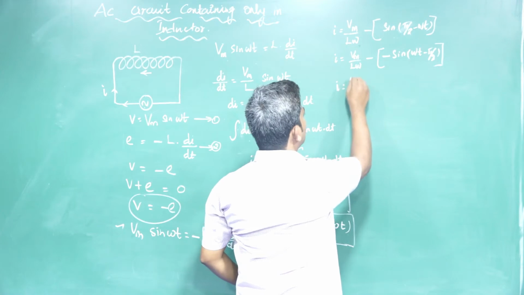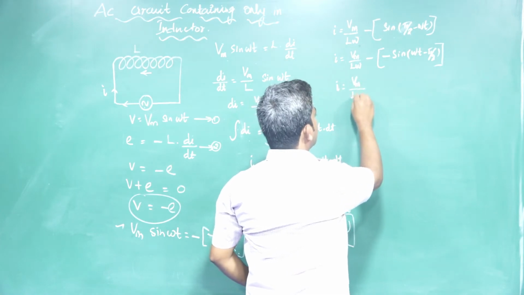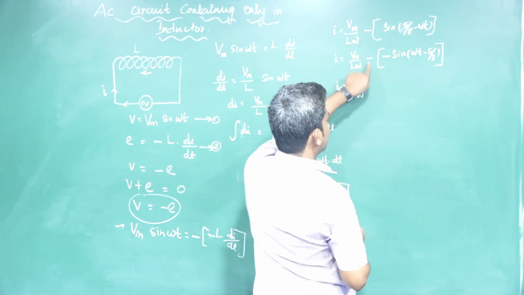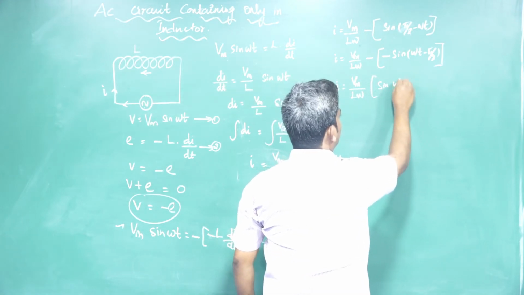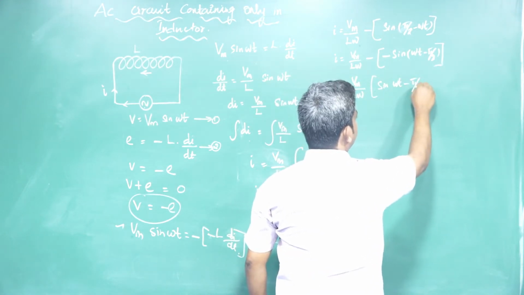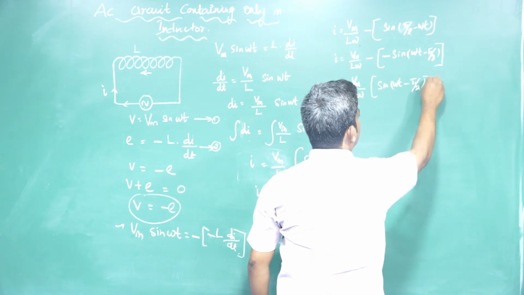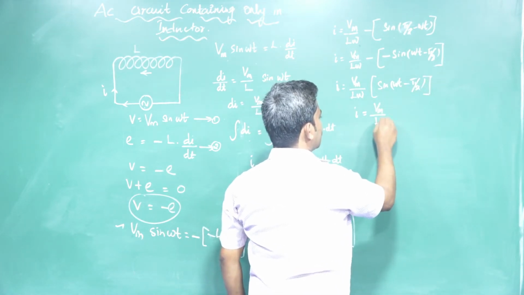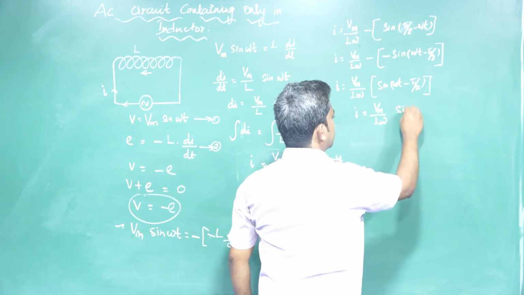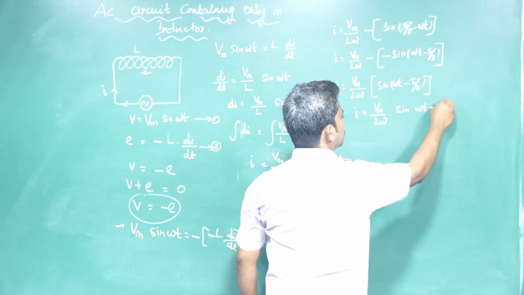So I is equal to Vm divided by L omega, minus into minus becomes plus, so sin omega t minus pi by 2. Finally I is equal to Vm divided by L omega sin omega t minus pi by 2.